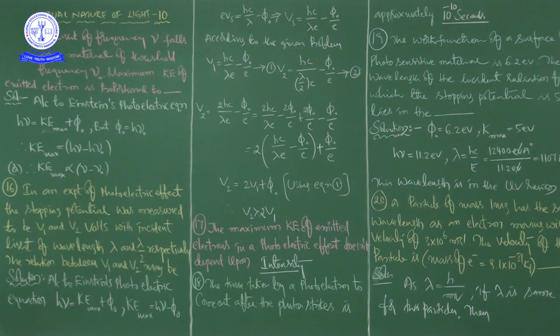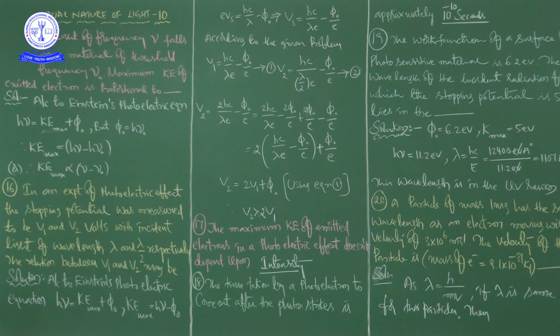Now you start to substitute the values. Here it will be 10 to the power of minus 6 into vp is equal to 9.1 into 10 to the power of minus 31 into 3 into 10 to the power of 6.